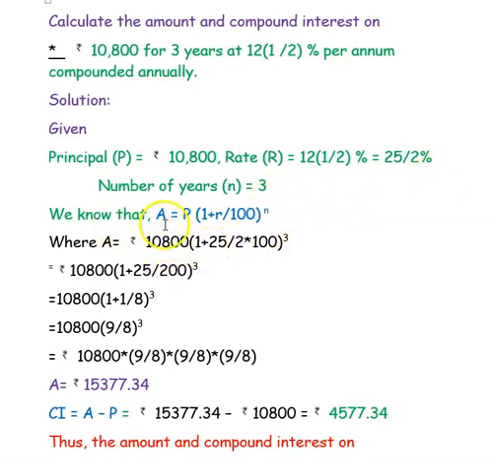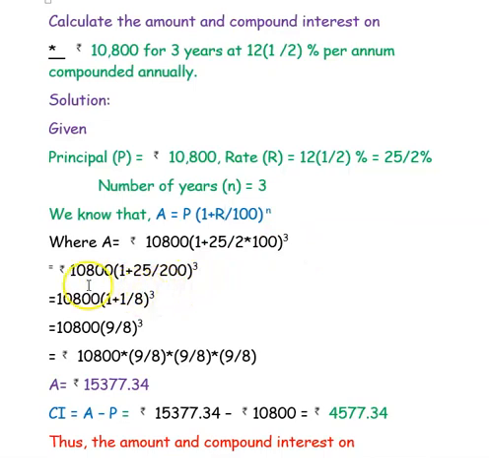Now we know that amount equals P into (1 plus R divided by 100) to the whole power n. Now we are going to substitute this here. So P is rupees 10,800 into (1 plus the rate of interest we have found to be 25 divided by 2, so 25 divided by 2 into 100) to the whole cube.